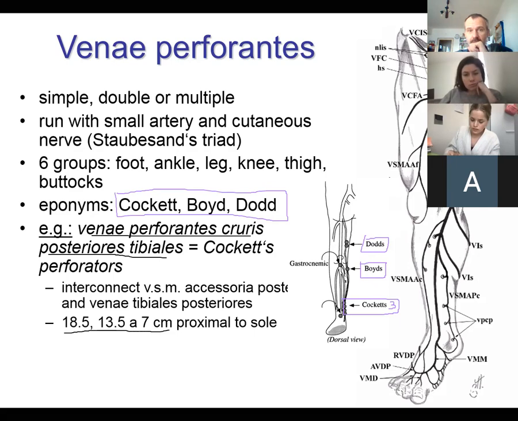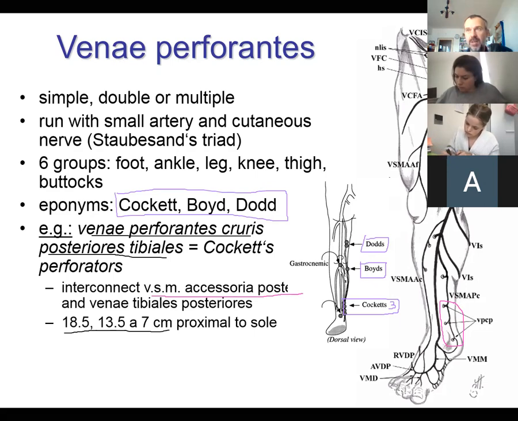And here in the figure, we can see the Cockett perforators. What is interesting is that they do not connect directly to the saphenous vein. They connect to the accessory great saphenous vein of the leg, which is not present in every patient. So that's also interesting.